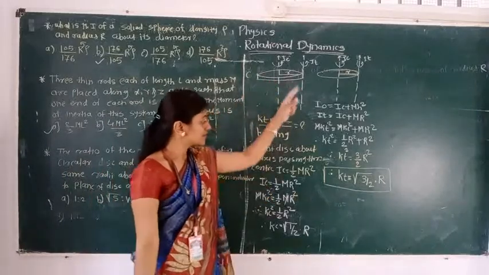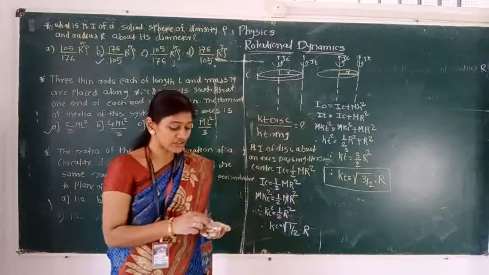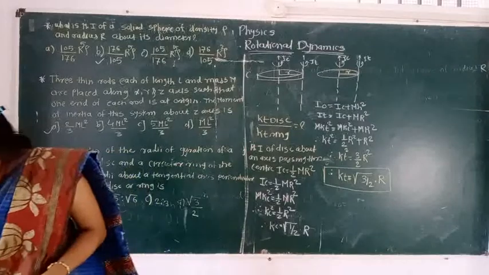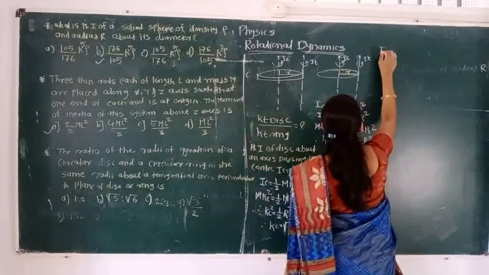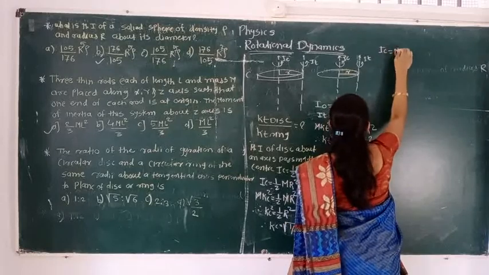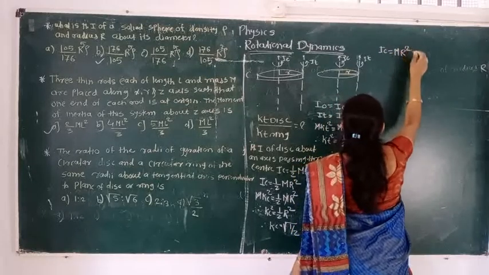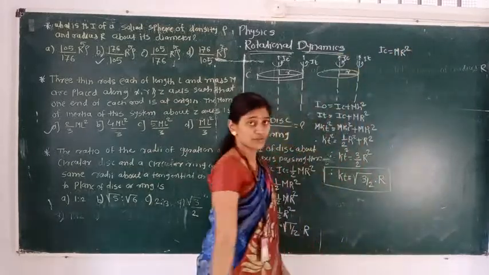Similarly, we have to find out the radius of gyration of the ring about an axis passing through the tangent. For the ring, we know IC is equal to m r square. This is the moment of inertia of a ring passing through the center.